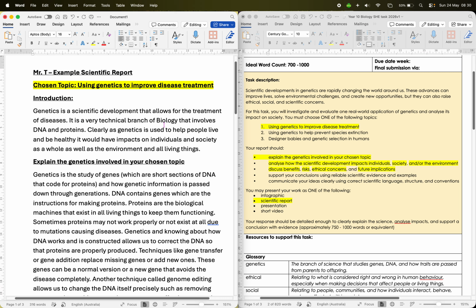Genetics is a scientific development that allows for the treatment of disease. It is a very technical branch of biology that involves DNA and proteins. Clearly, as genetics is used to help people live and be healthy, it would have impacts on individuals and society as a whole, as well as the environment and all living things. Covered that.